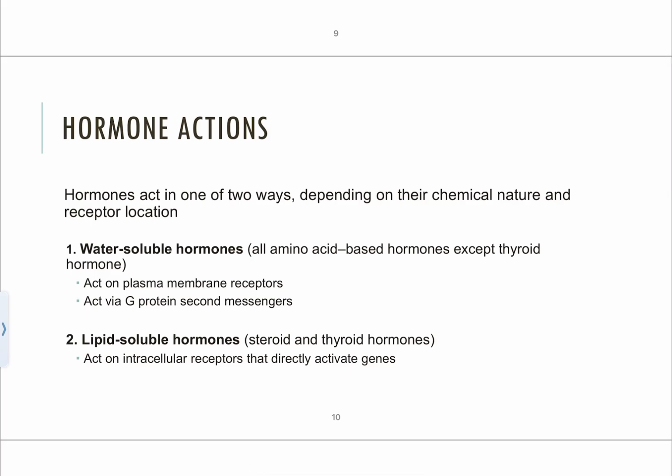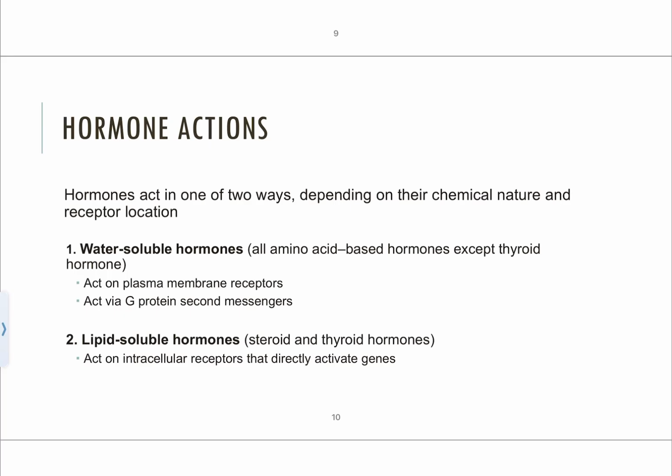When we're talking about the actions of hormones, we're going to divide this up based off of their chemical structure. Is the hormone water soluble, so amino acid based, or is it lipid soluble and steroid based? Water soluble hormones include all of those amino acid based hormones that we mentioned previously, with one exception, and that's the thyroid hormone.